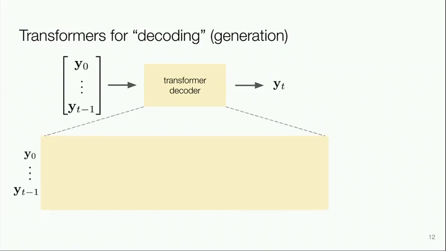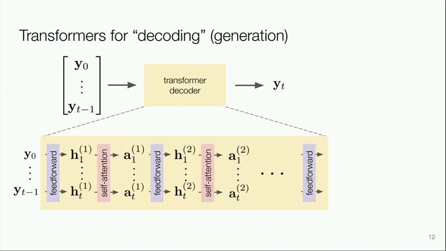What does this process actually look like? Basically it looks like what we had before, where we have these interleaved feed forward and self-attention layers that are processing this input sequence Y0 through YT minus 1, in order to get Y1 through YT.